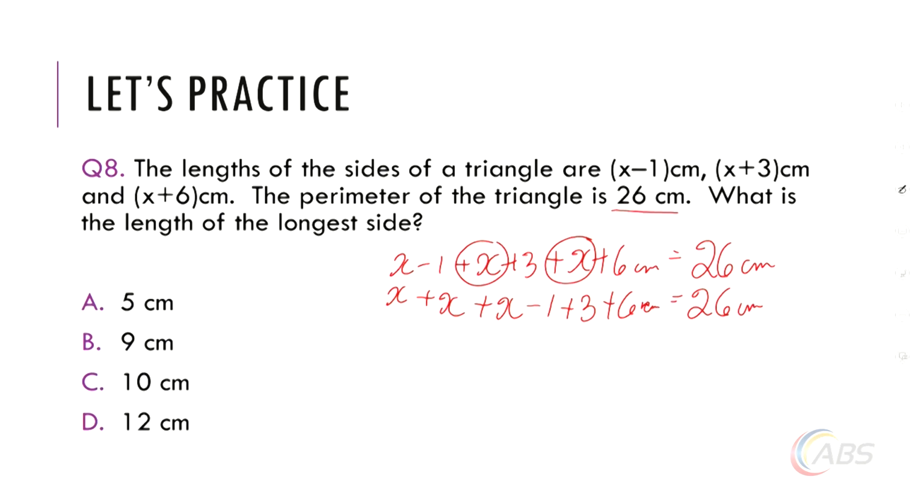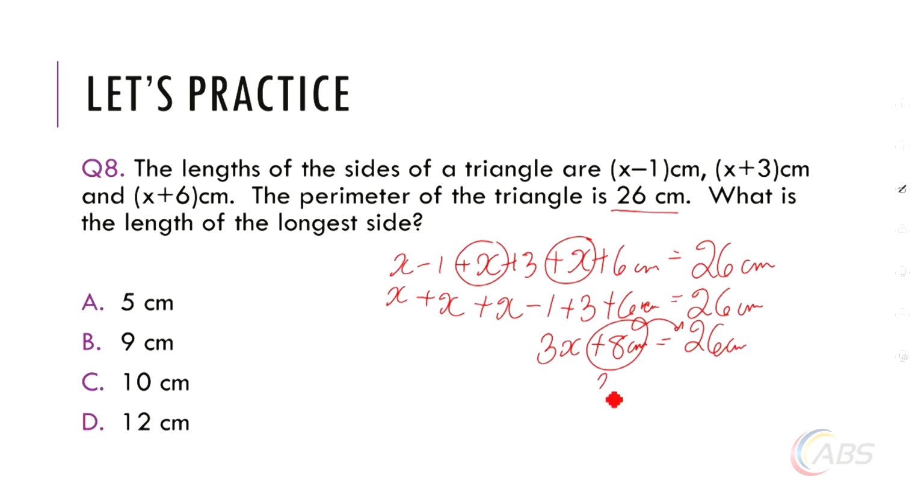x plus x plus x gives us 3x. We have a negative 1 plus 3, that's 2. 2 plus 6 is 8. Now what we have is a simple equation, and because we need to solve for x, we need to get rid of anything attached to it, so we take our plus 8 to the other side of the equal sign.